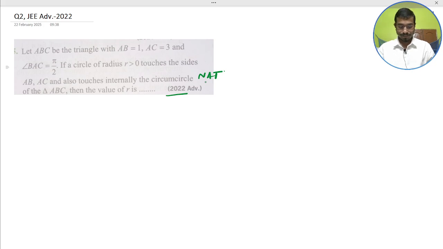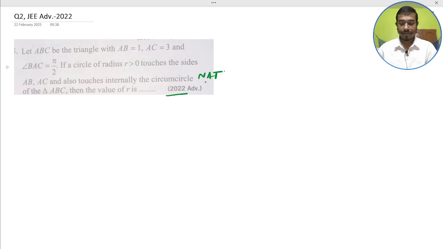This is the question. Try yourself first, and read out the question very carefully. You have to find the value of r.